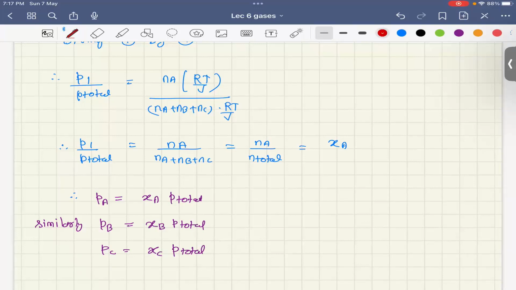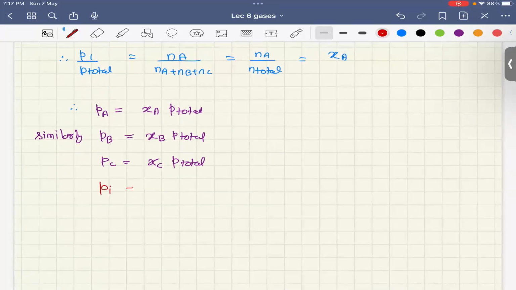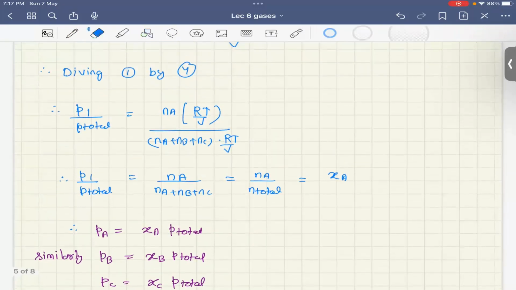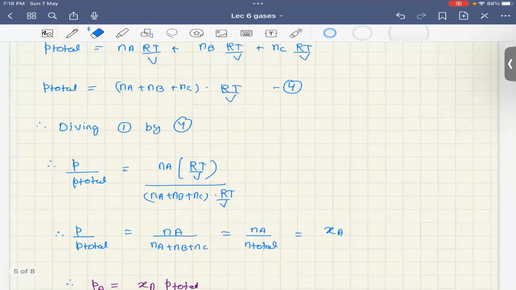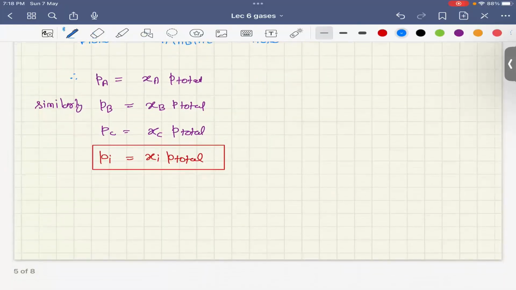And this is very important. So in general, we can write PI is nothing but XI times P total. This is a very important expression. So here it's going to be PA, PB and PC, right? So in general, this is for the i-th gas.